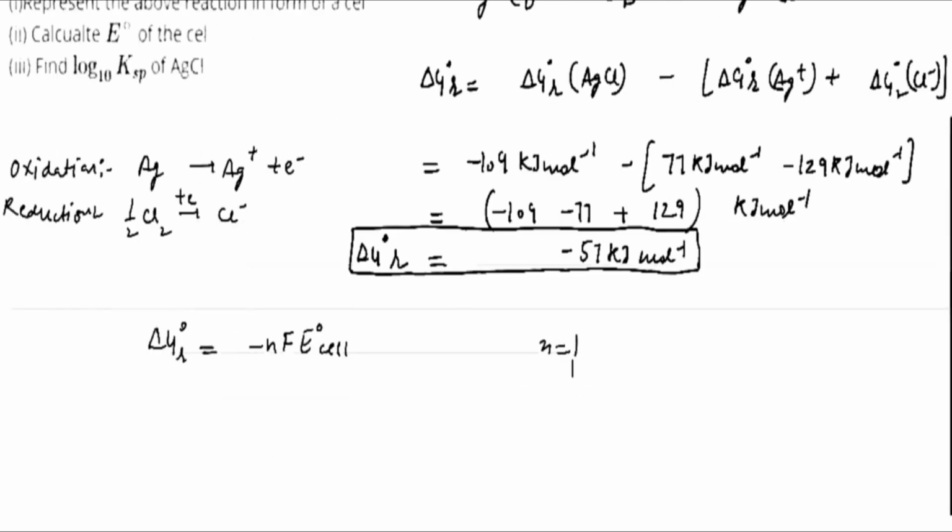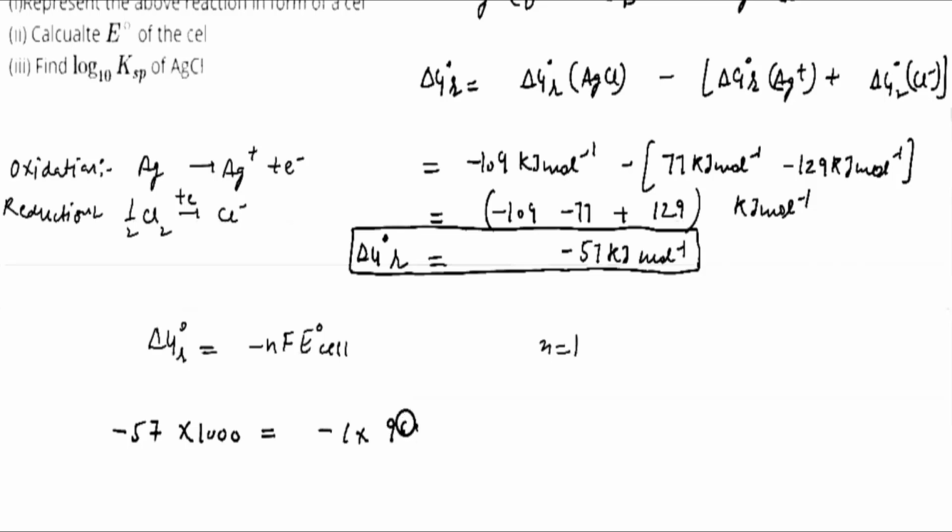F is the Faraday's constant, that is 96500. So we put the value of delta G here, minus 57 into 1000 joule per mole, equals minus N, which is 1, into 96500 into E naught of cell.